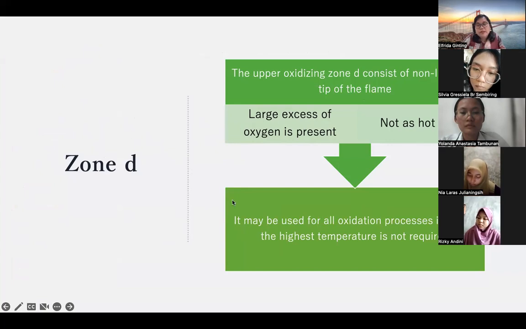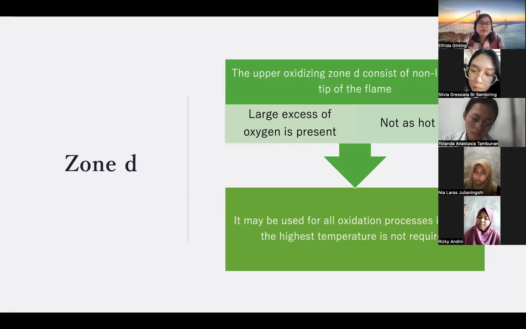We can do an oxidizing process when we don't need a high temperature. Whenever we need to oxidize a material but the material is temperature sensitive, then we can use zone D.